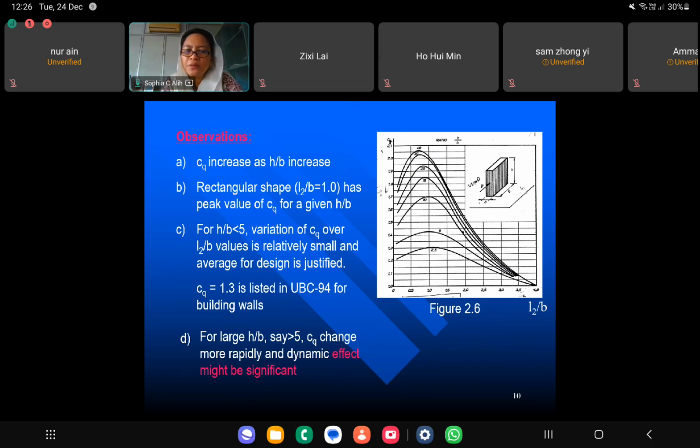So what they give you in the code is this, the CQ, this is the area for the CQ, and this is the L2 over B. So this is your building. This is the length, and this is the height, and this is the B. The B is the dimension which is facing the wind blow, the cross section, the crosswind dimension.